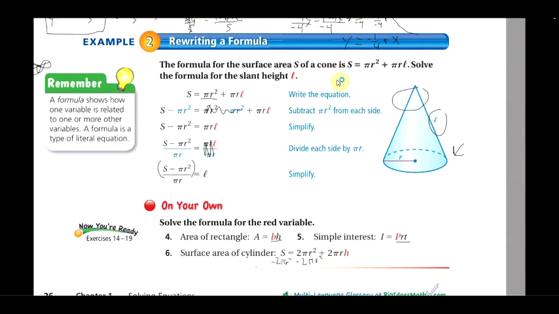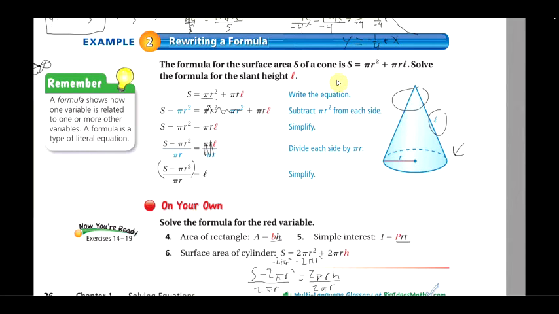So that gives us s minus 2 pi r squared equals 2 pi r h. Now let's get rid of everything that we don't like. We'll just be dividing away 2 pi r, divide away 2 pi r.